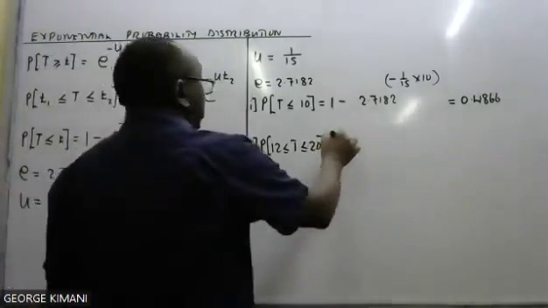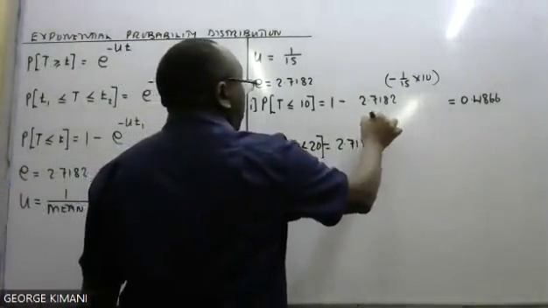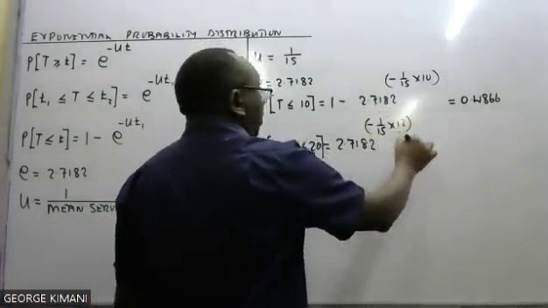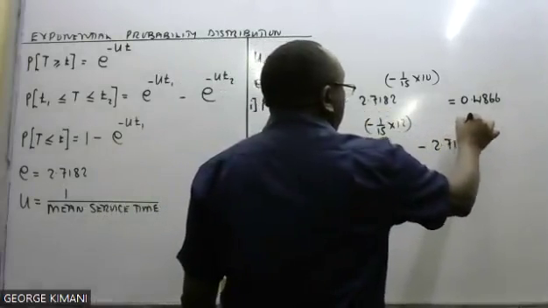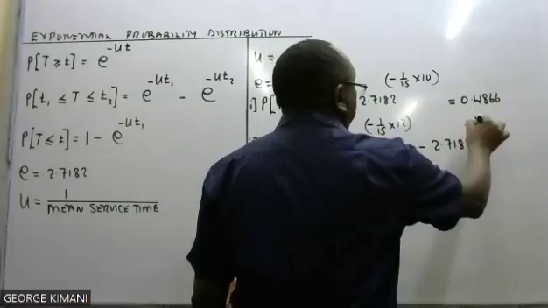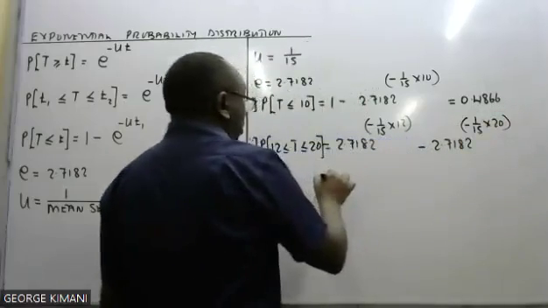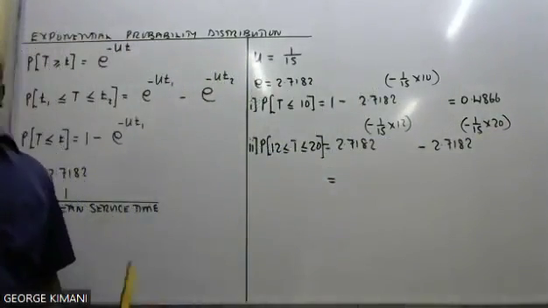So it is going to be 2.7182 raised power minus 1 out of 15 times 10. Then you minus 2.7182 raised power minus 1 out of 15 times 20. So give me the answer.